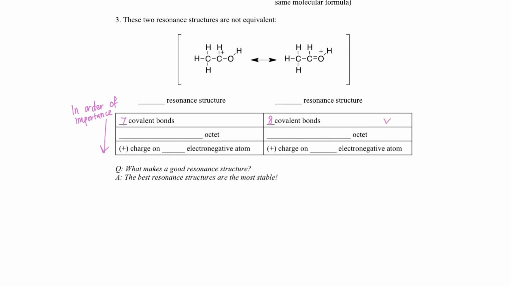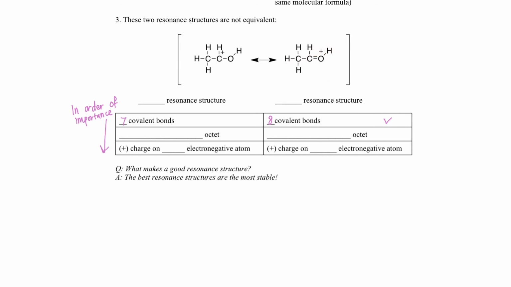And now we want to move on to rule 2, which is, do all of the atoms have octet? Looking at the structure on the left, carbon here, not that happy. It does not have octet. Oxygen here and carbon here, perfectly happy. All of them have octet.